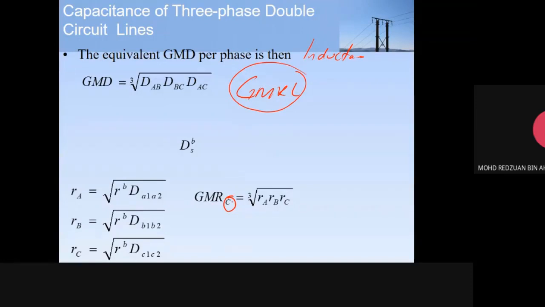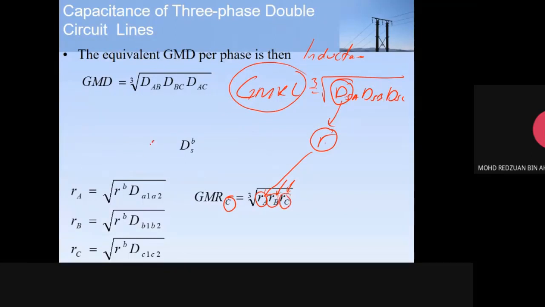So for GMRC, the difference is only this one. For GMRL, we use cube root of DSA, DSB, DSC. But now we replace this DS with R. For the capacitance, we didn't use DS, we use R. Inside this one, all the same things, except DS is replaced by R, DSB replaced by RB and RC.